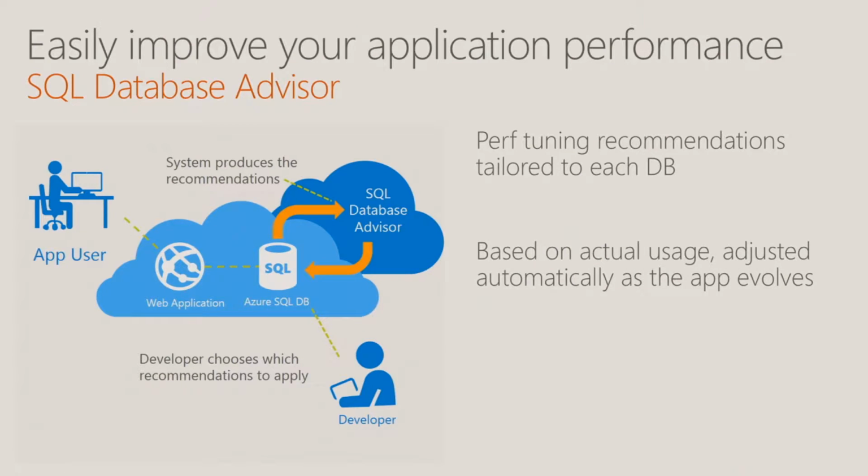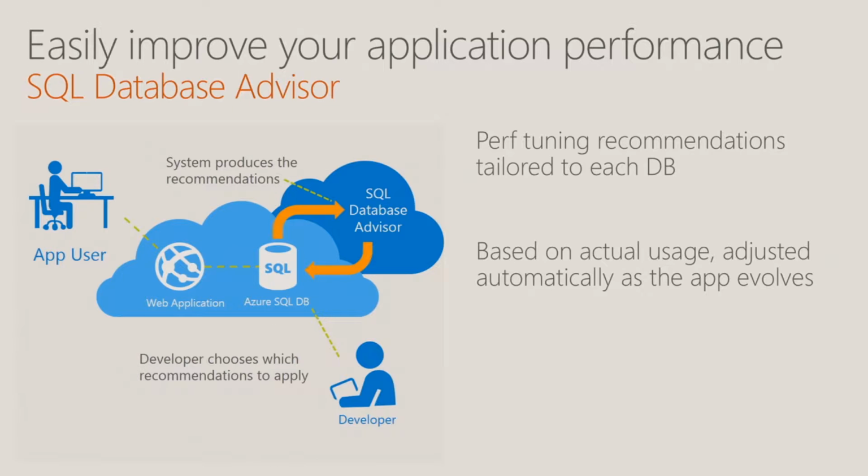Second, the recommendations are based on actual data, actual usage, and will evolve as your application evolves, or as your user base changes, your data access patterns evolve. Whatever happens, recommendations will be automatically adjusted to reflect the current state of your application, to match what you need now.